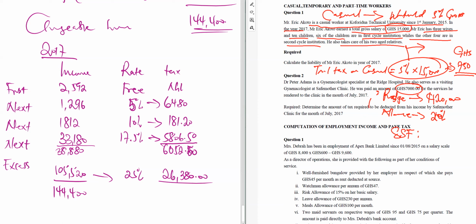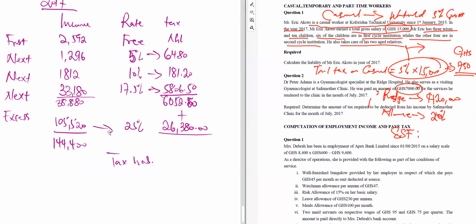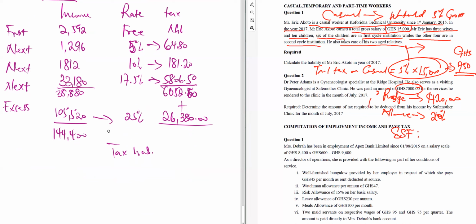So now we add the two up, and our tax liability will be 6,052.50 plus 26,380, which is 32,432.5. Okay. Now we have this, right?